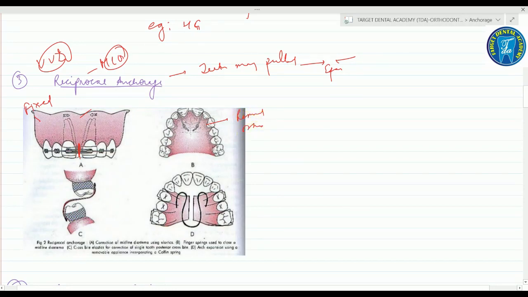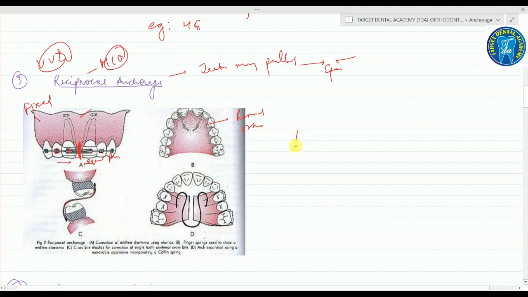Let's talk about the fixed ortho first. So in this, you have placed the bracket. Now you have to close this midline space. So what you have to do is, you just apply the force of equal magnitude but opposite in direction.